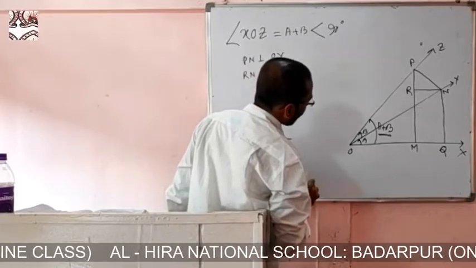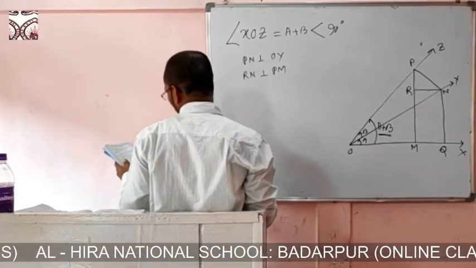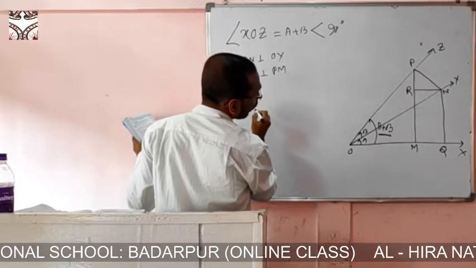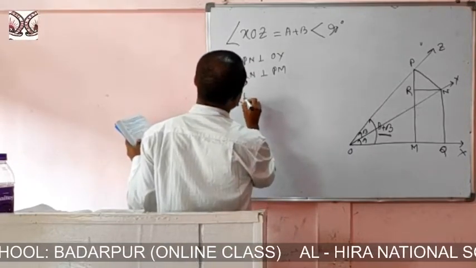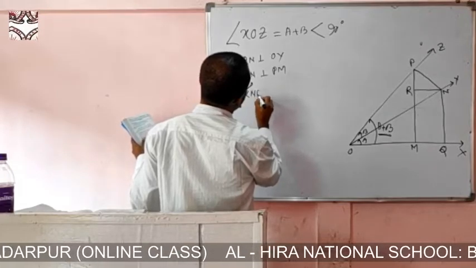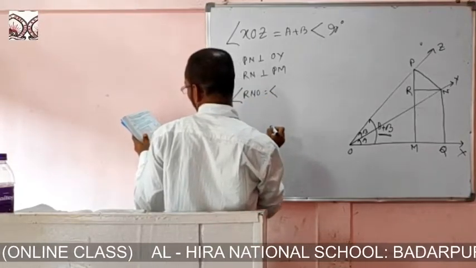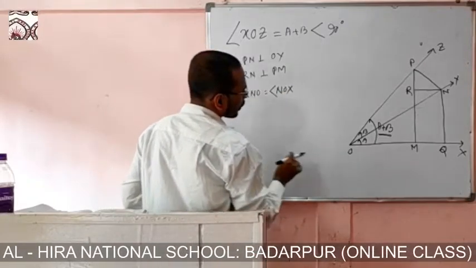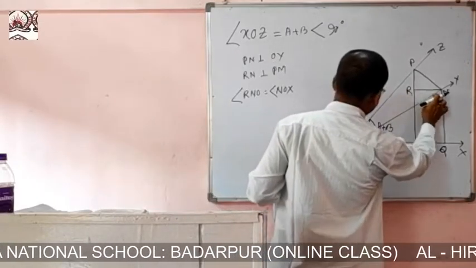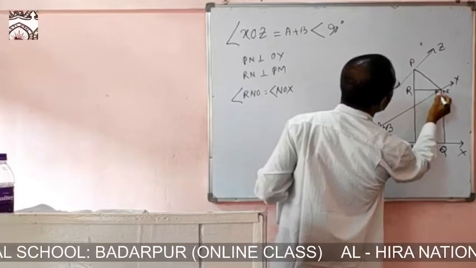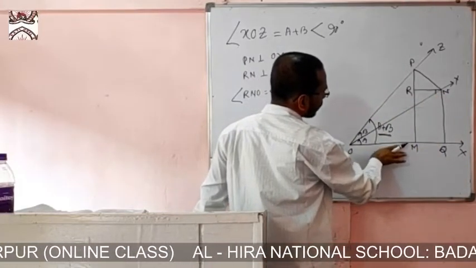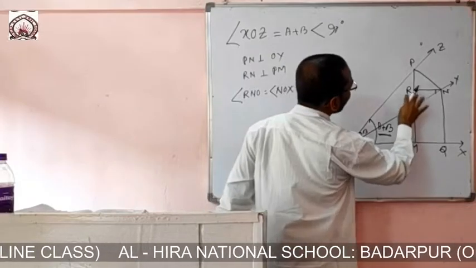Then this angle RNO will be equal to angle NOX, because this OX line is parallel to RN.